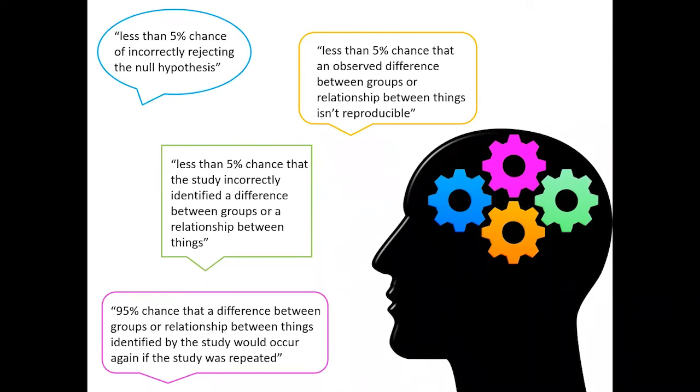But if we're thinking about it more in relationship to how we'd explain it in the real world, it'd be like there's a 95% chance that the difference between groups or relationships between things in a study would occur again if the study was repeated. So kind of taking that 0.05 and focusing on the inverse.